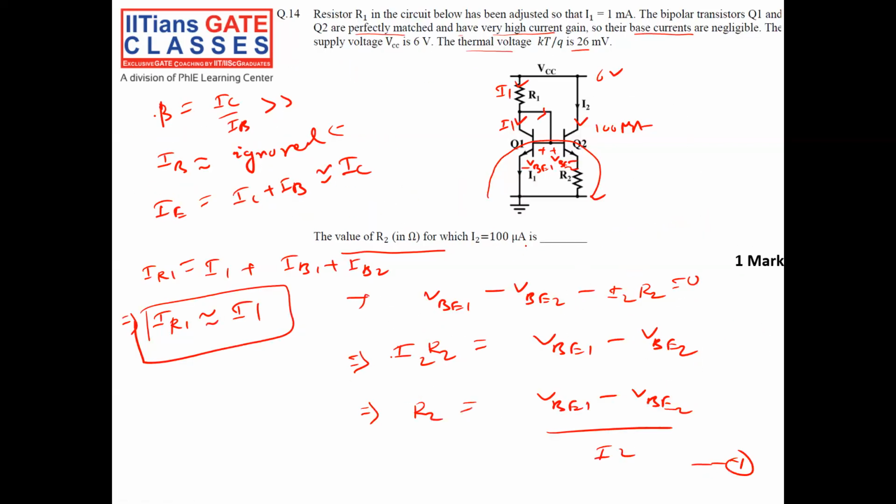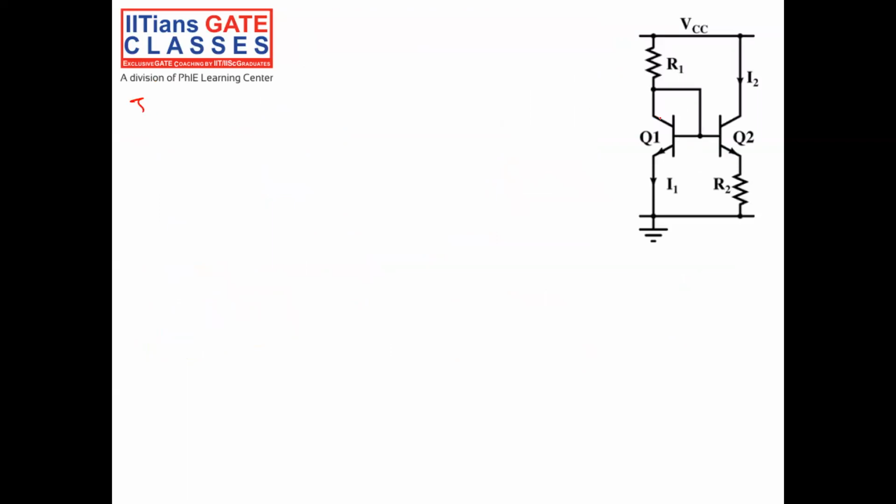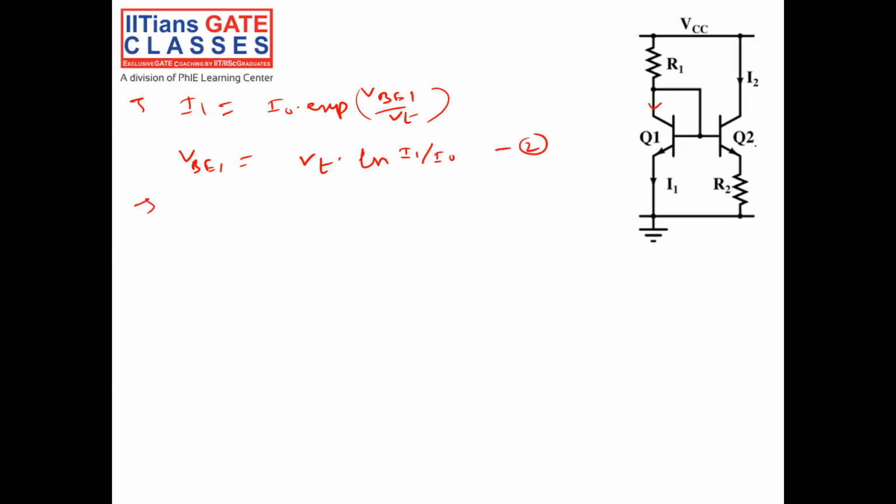What is VB1? For VB1 the current flowing is I1. I1 equals I0 into exponential of VB1 by VT, neglecting the minus 1. So VB1 will be, taking ln on both sides, VT ln I1 by I0. Equation 2. Similarly, what is I2?